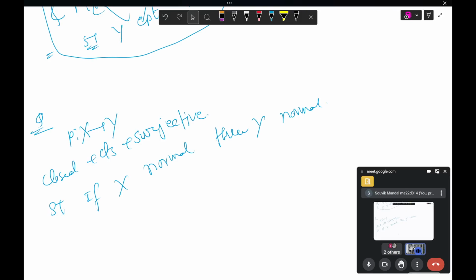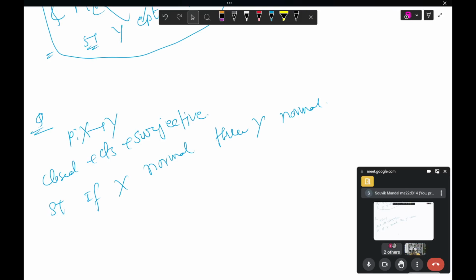Are you able to show that Y is Hausdorff? Sir, yes. I tried it this way: I considered two disjoint closed subsets of Y, A and B. Since p is continuous, p inverse of A will be closed as well as p inverse of B will be closed, and they will be disjoint as well.